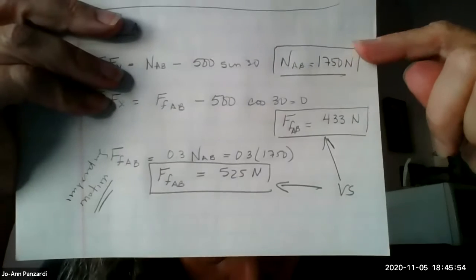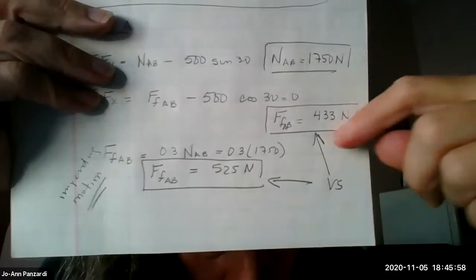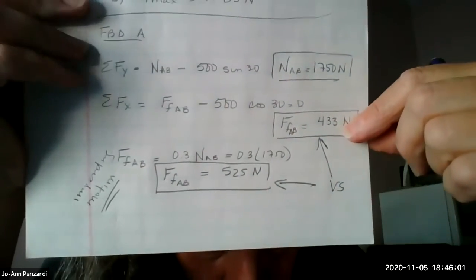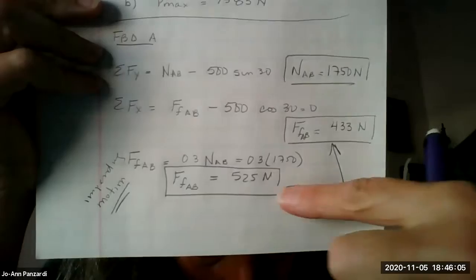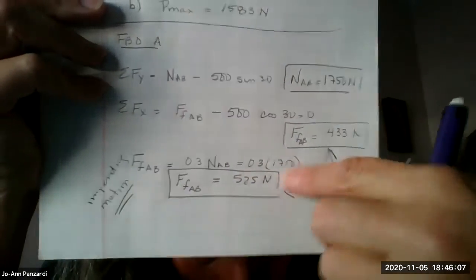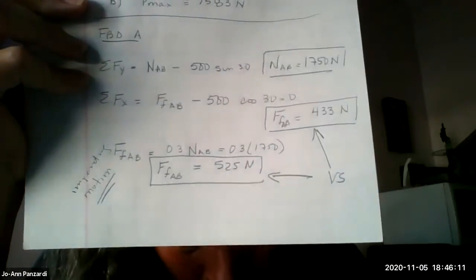That means, so I calculated NAB, the normal between the two blocks. I calculated the frictional force that is present between the blocks, that's existing right now. And then I calculated the frictional force that would be there for impending motion. And when I compare these two, what do I learn?